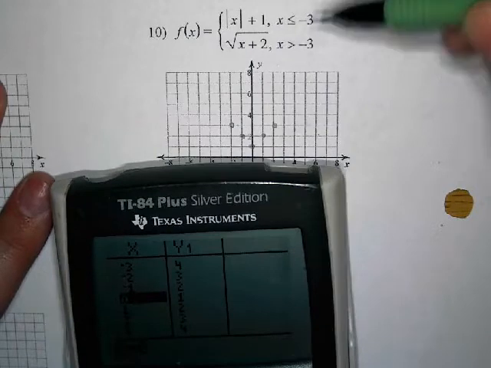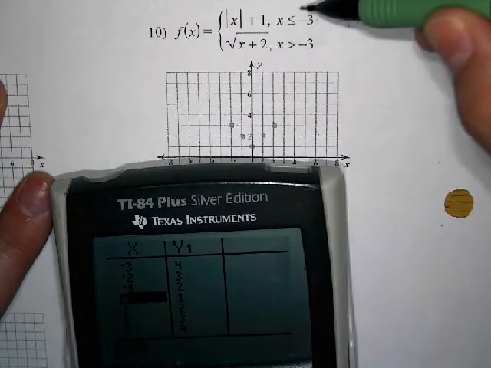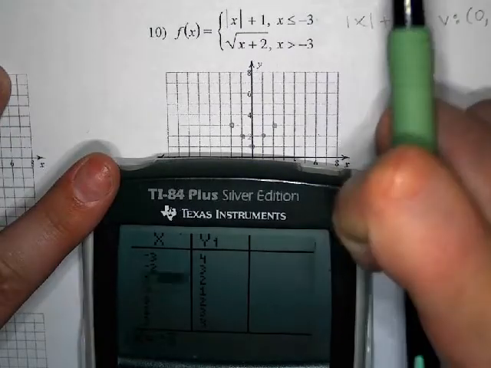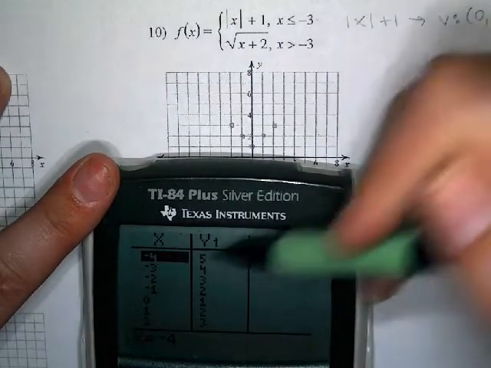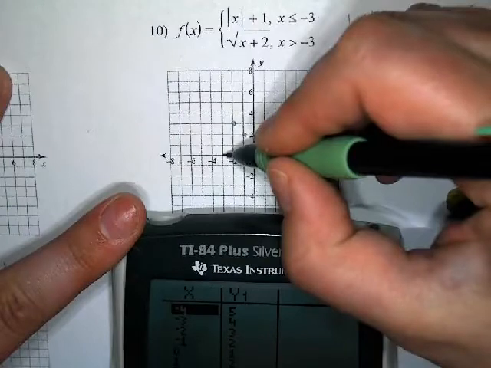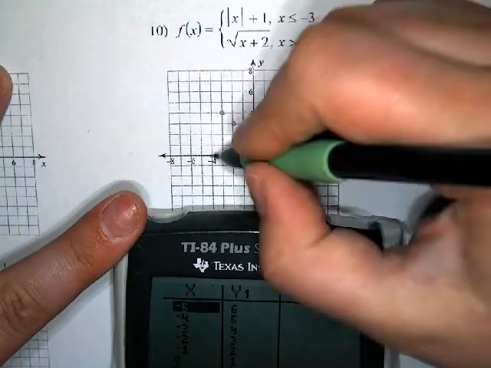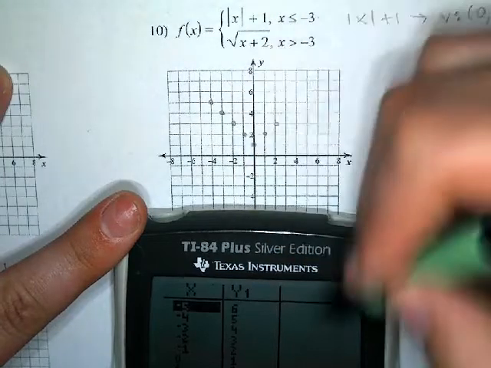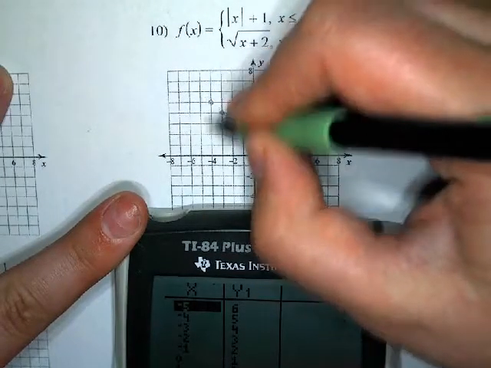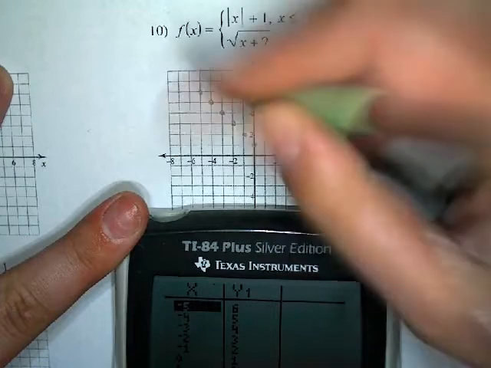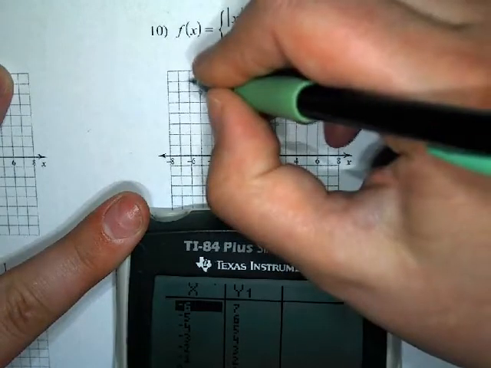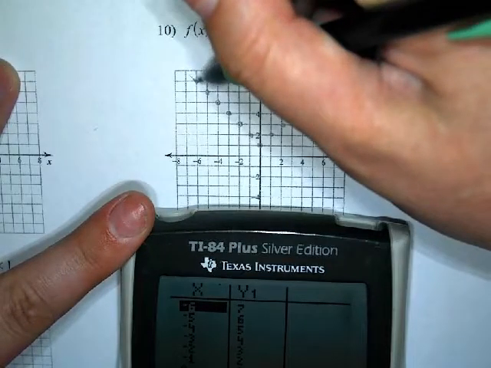So I'm going to go up here and make sure I have more points around here. So -3, 4, -4, 5, -5, 6, -6, 7, and then I'm going to very lightly draw that graph in, so I'm making something that's easy to erase.